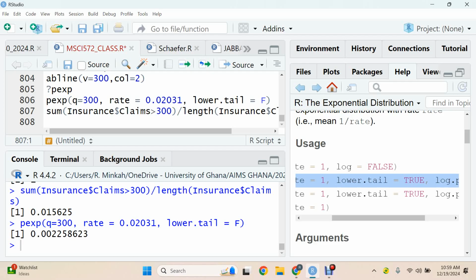So there's a shortfall. It is telling you that it is very rare, but actually it happens. If you take 100 observations, it's likely that 2 will be beyond 300. But what your model is telling you is that if you take 100, almost 0, you will not even record 300.